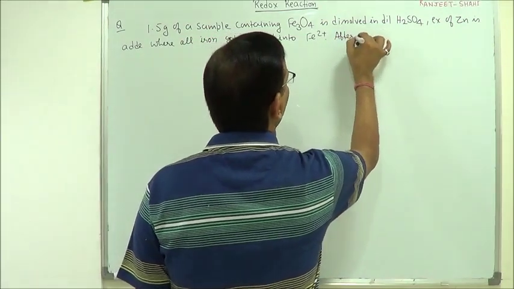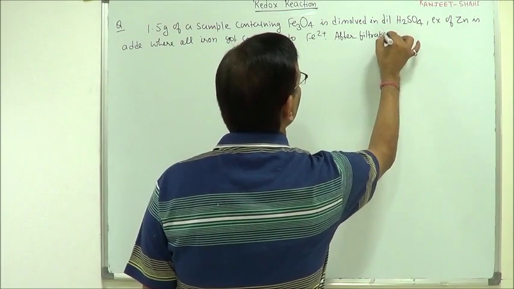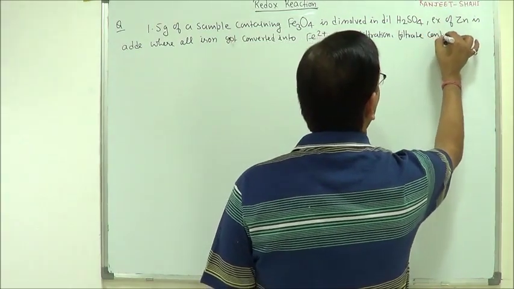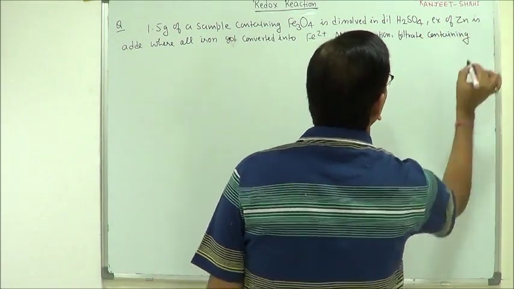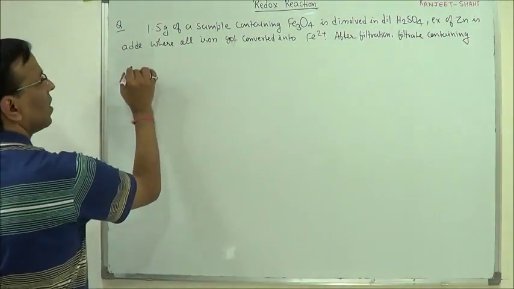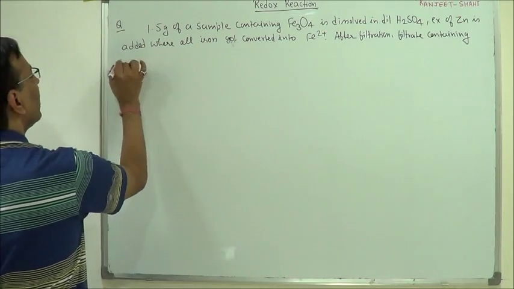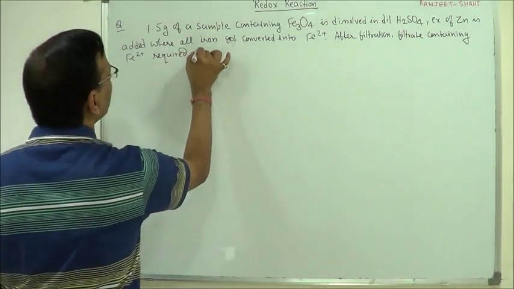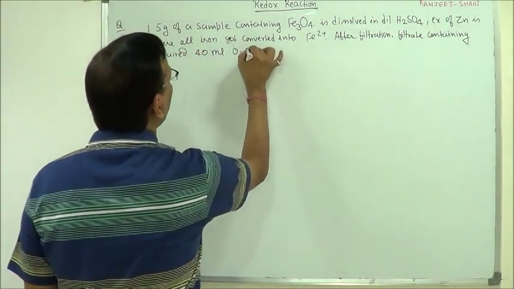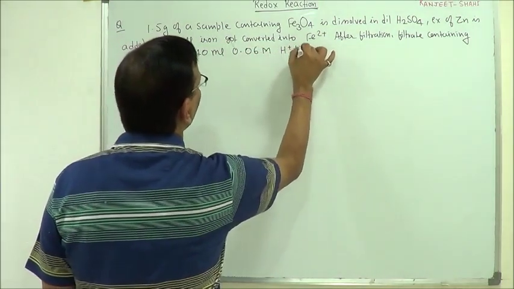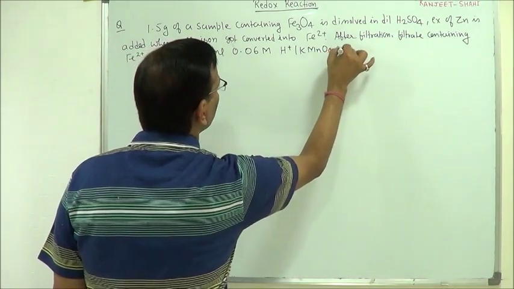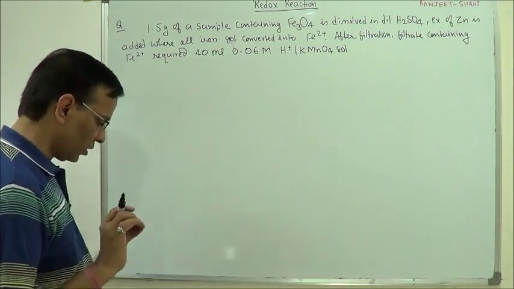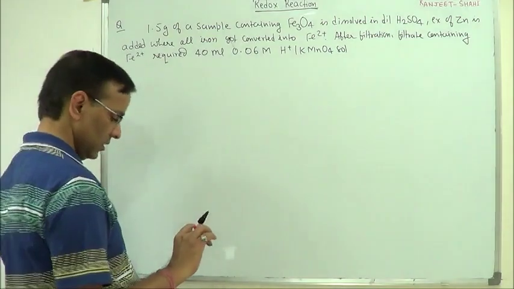After filtration, the filtrate containing ferrous ion required, say, 40 ml of 0.06 molar acidic KMnO4 solution. 40 ml of 0.06 molar acidic KMnO4 solution.